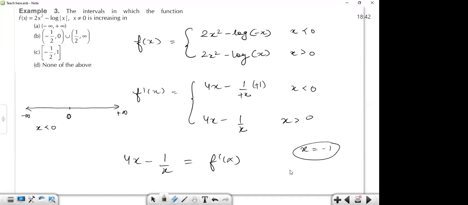We are just checking the sign. Minus 4 plus 1, minus 3. So this will be negative. Sorry, f dash of x is negative here.